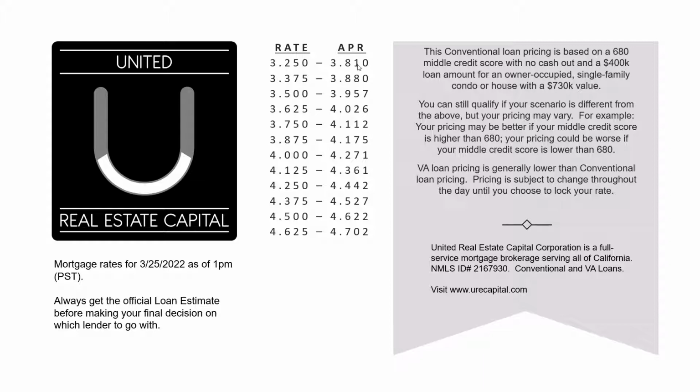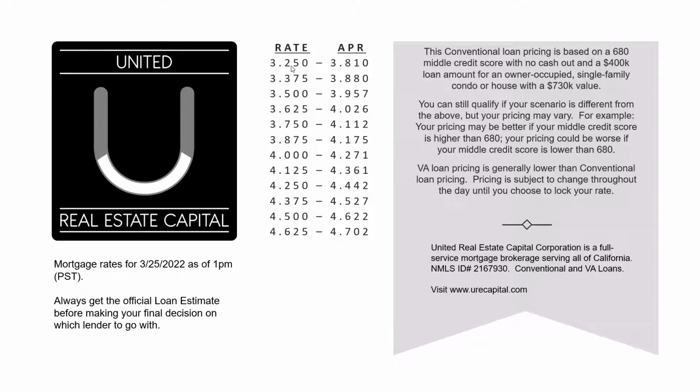On the right side is the APR column, or annual percentage rate. The annual percentage rate tells you two things. Number one, it lets you know if there are fees associated with the advertised rate. The higher the APR is above the advertised rate indicates more and more fees associated with that rate.